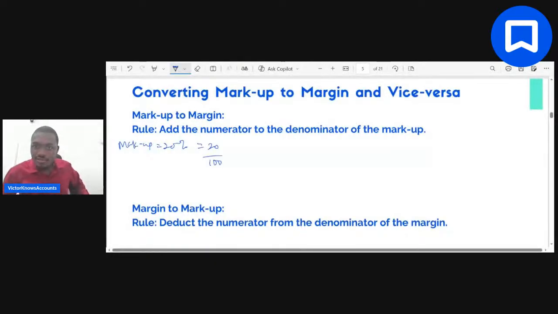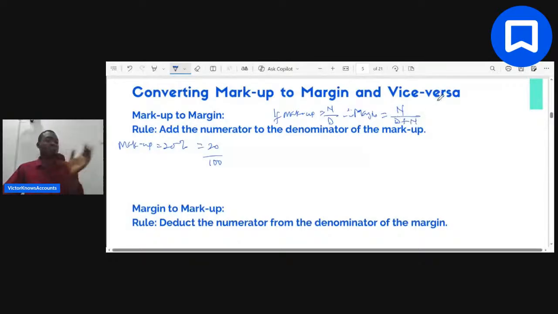For markup to margin, if markup equals numerator over denominator, therefore margin equals numerator over denominator plus numerator. It's as simple as that.